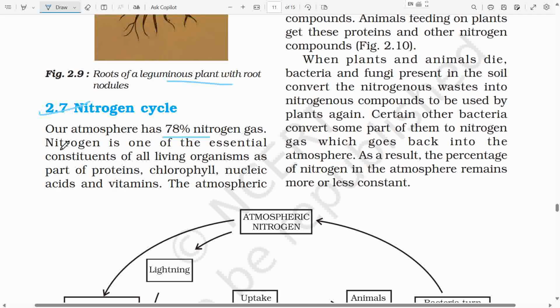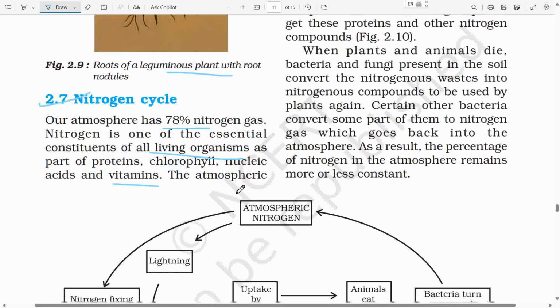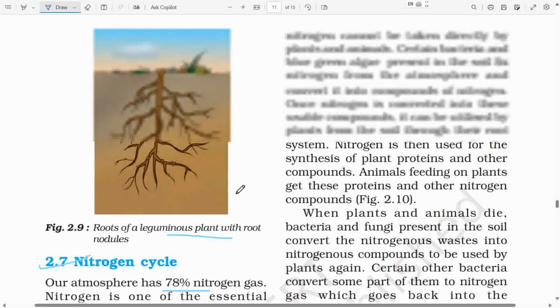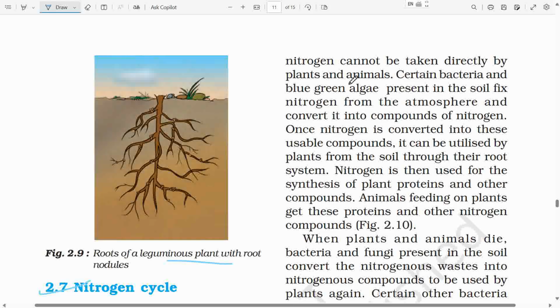Our atmosphere has 78% nitrogen gas. Nitrogen is one of the essential constituents of all living organisms as part of proteins, chlorophyll, nucleic acids, and vitamins. The atmospheric nitrogen cannot be taken directly by plants and animals.